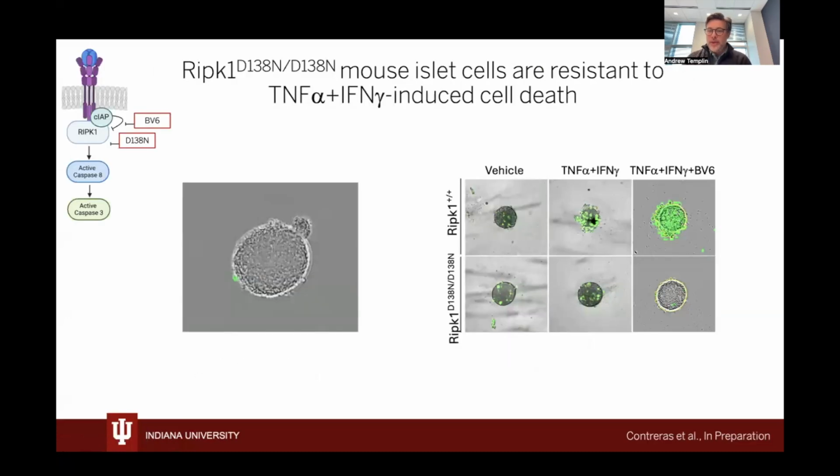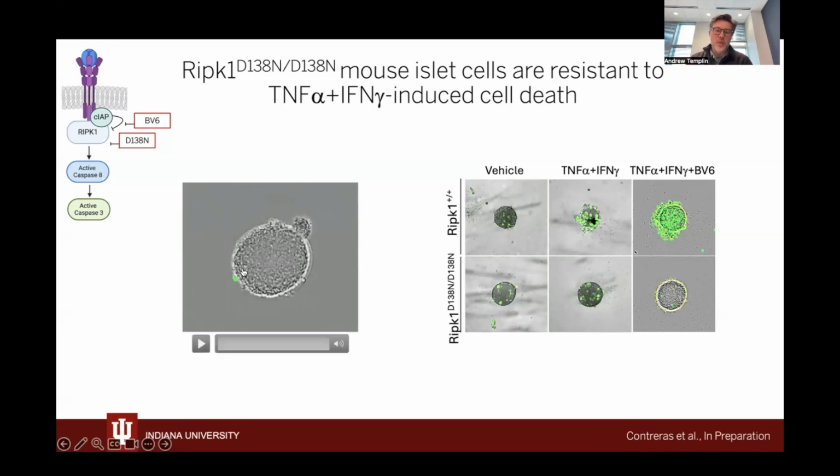We also were able to look at this in intact islets, where we developed a system to quantify cell death. This again is using Cytox Green in intact islets, in single intact islets in round bottom 96 well plates.